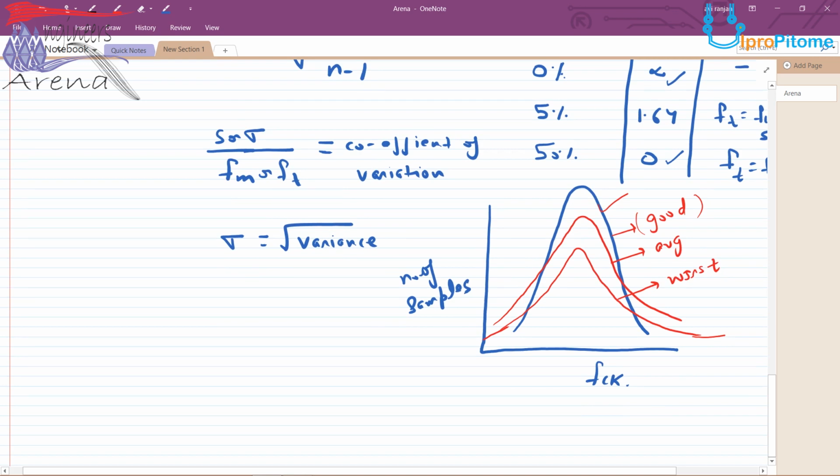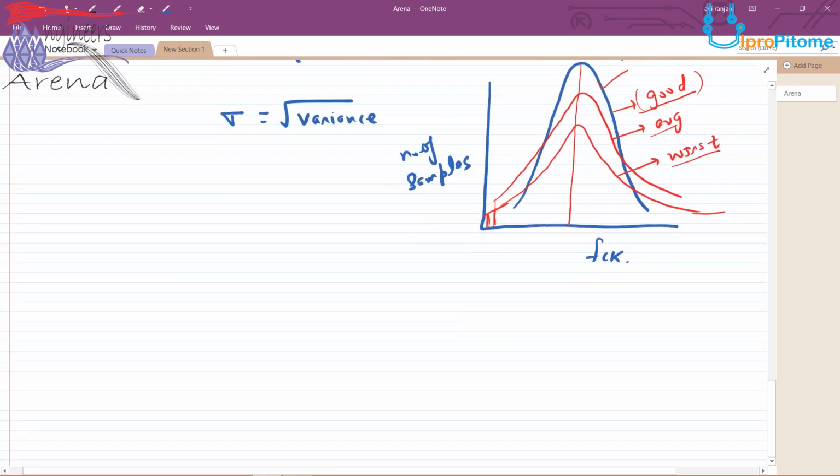That is, if we wanted M20, we were closer to M20 in this case, farther away in this case, and more farther away in this one. I hope you understand this. In short, this would be a good sample, this average, this worst, because the result is more closer to the mean value and the quality control is better in this case.